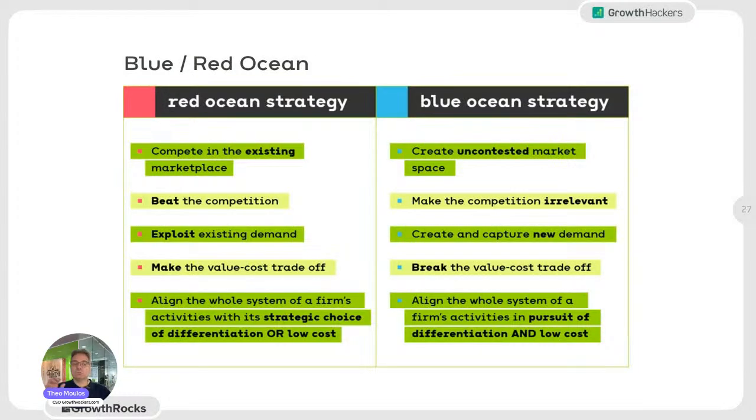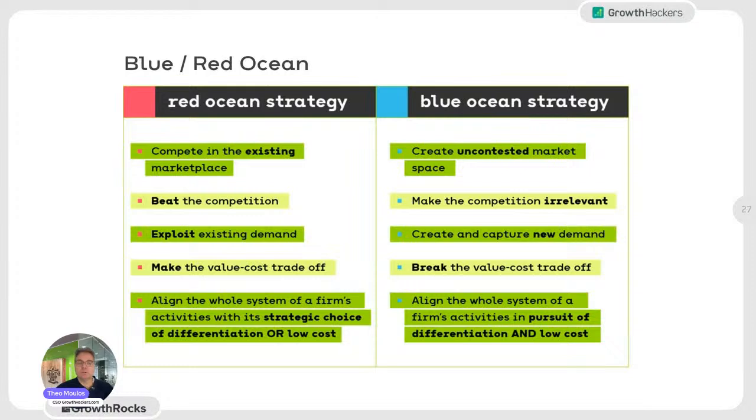And if you just want to see the theory, it's nothing more than this: red ocean is competing in an existing marketplace, which is very crowded, while blue ocean is creating an uncontested market space where competition is irrelevant. You know, what is better than turning your competition irrelevant, not being interested in what the competition is doing, because you know that they cannot do what you do.